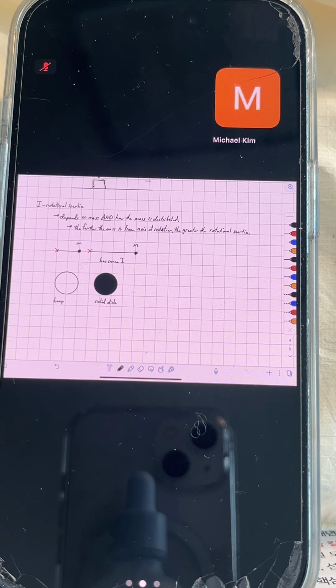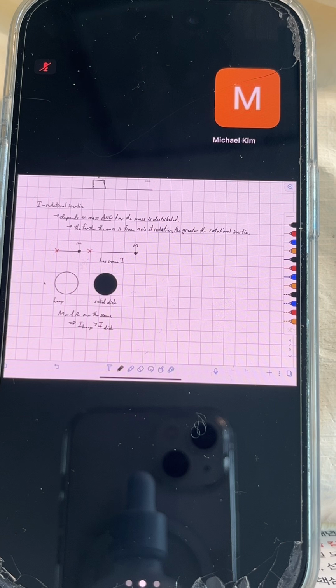If we assume that M and R are the same, then the rotational inertia of the hoop had to be more than the rotational inertia of the disc.